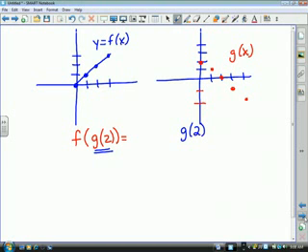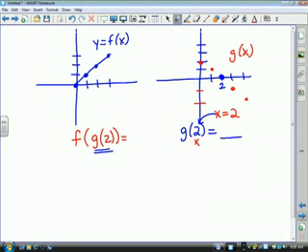g of 2, what does that mean on a graph? No, it has nothing to do with transformations. It doesn't mean y equals 2, it means x is 2. So that's right here, right? So what's the answer for g of 2? That's what the 2 means, x is 2.